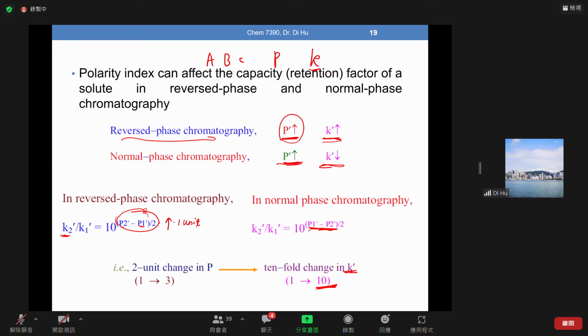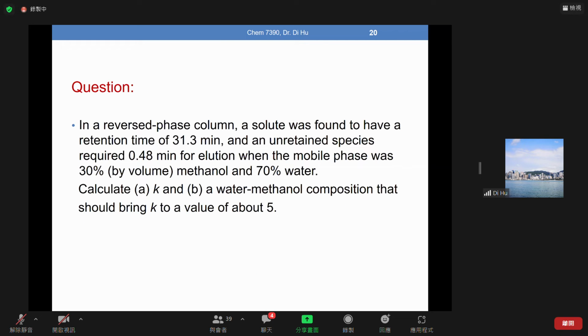Understand? Okay. So the easy way is often to do an exercise together. Now let's see one exercise. Here is the first question. In a reverse phase column, a solute was found to have a retention time of 31.1 minutes, and the unretained species required 0.48 minutes for elution when the mobile phase was 30% by volume of methanol and 70% water.